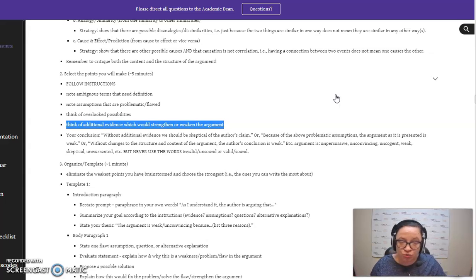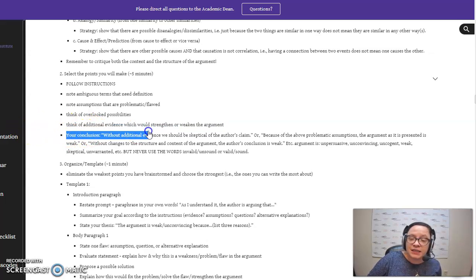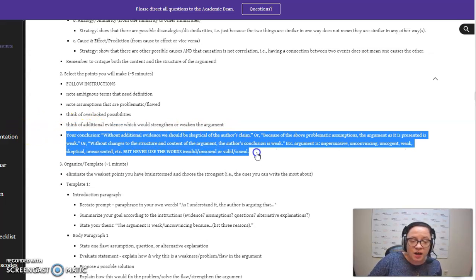If X is true, would that mean that the author's argument falls apart, or does it add more support to the author's argument? And their conclusion needs to be some variation of, without additional evidence, we should be skeptical of the author's claim. Or because of the above problematic assumptions, the argument as it is presented is weak.